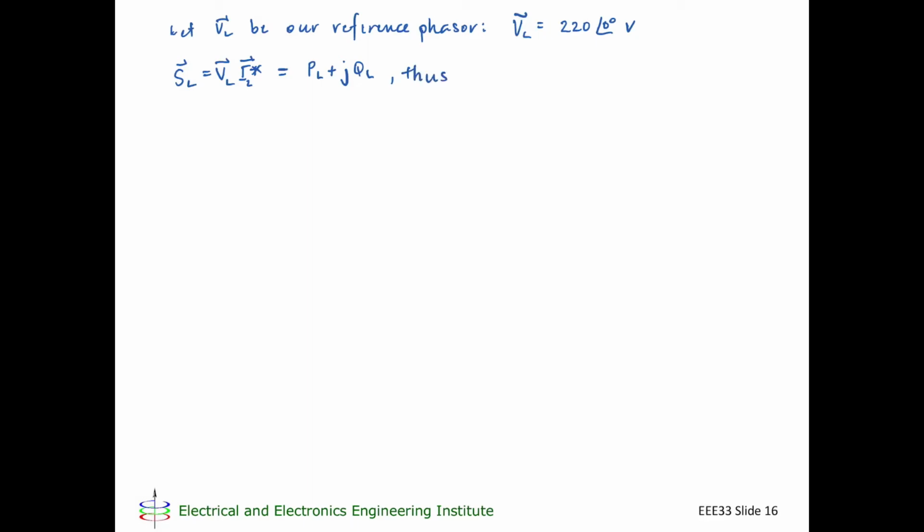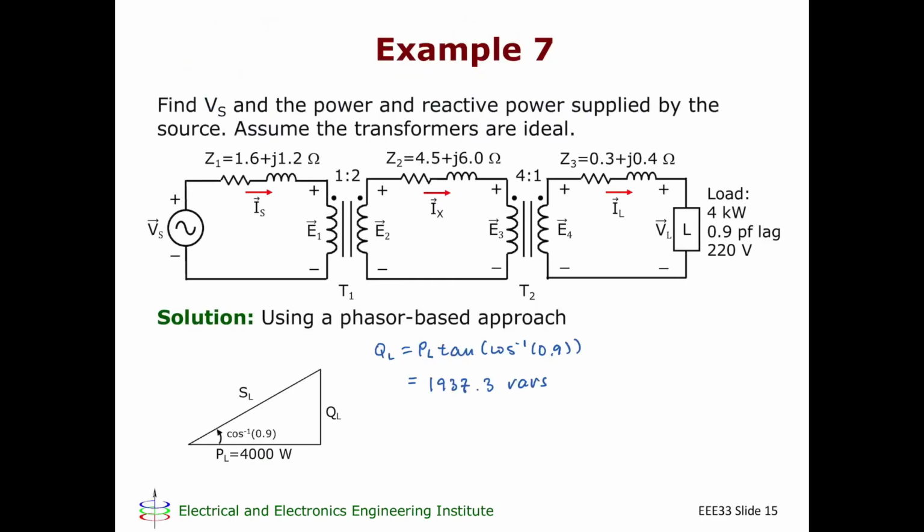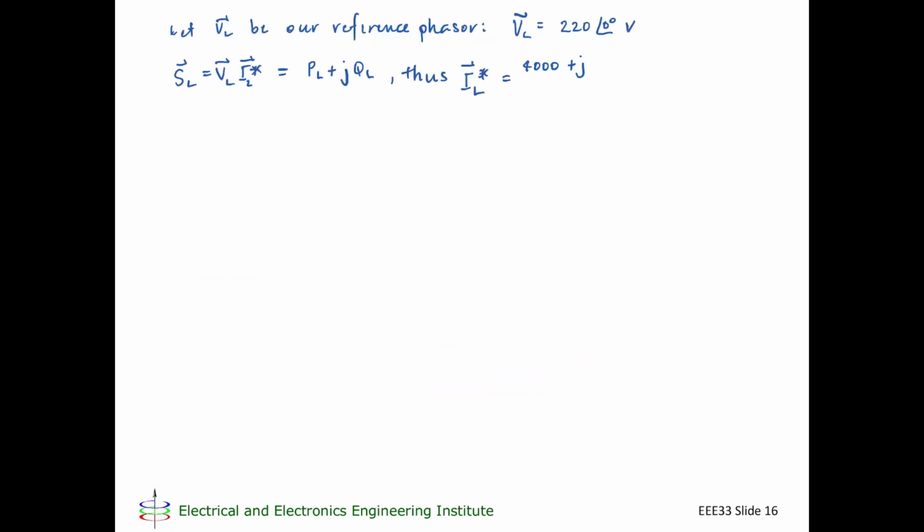Thus, I can compute the conjugate of my load current, which is equal to P sub L, which we know to be 4,000 watts, plus j Q sub L, which I have computed here as 1937.3 var, divided by V sub L, which is 220 at an angle 0 degrees.